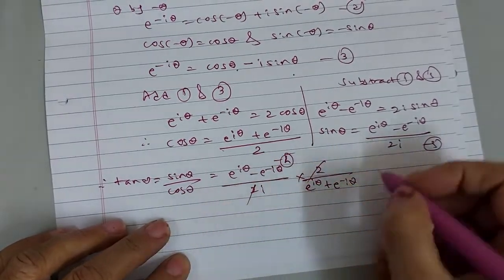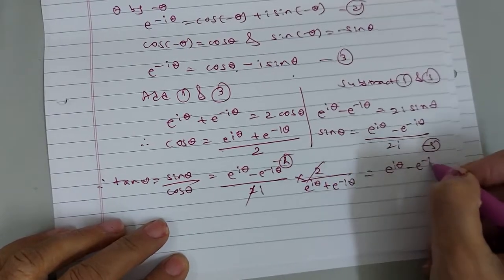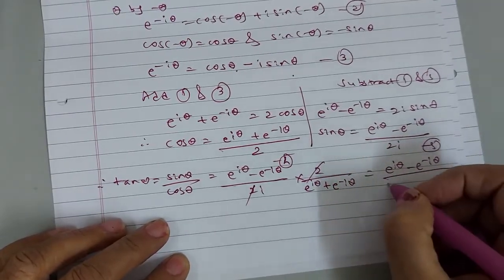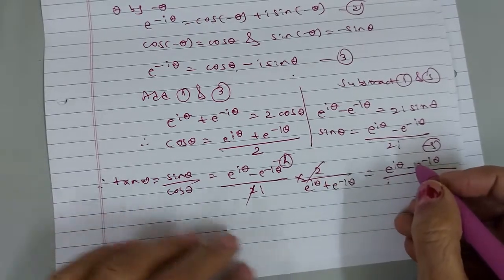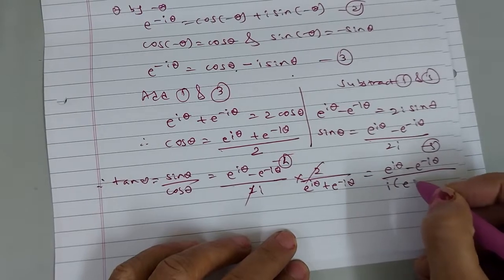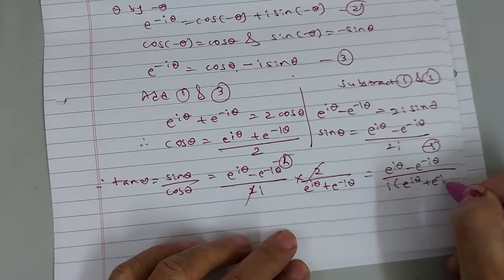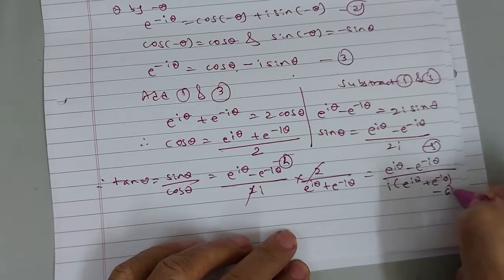So cancel 2. What we can write? e to the power I theta minus e to the power minus I theta divided by I, into the bracket e to the power I theta plus e to the power minus I theta. This is my equation number 6.